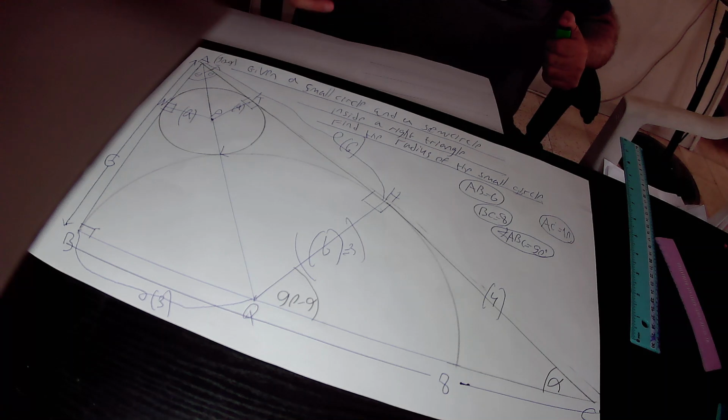Again, the angle bisector of any angle is a straight line, and especially the angle bisector of this angle is a straight line.